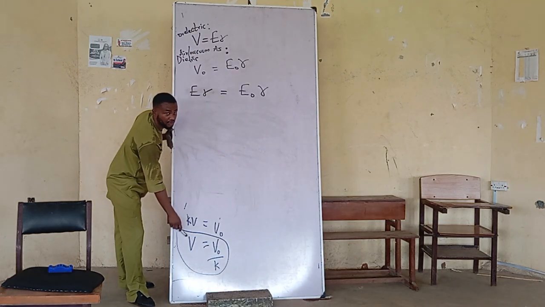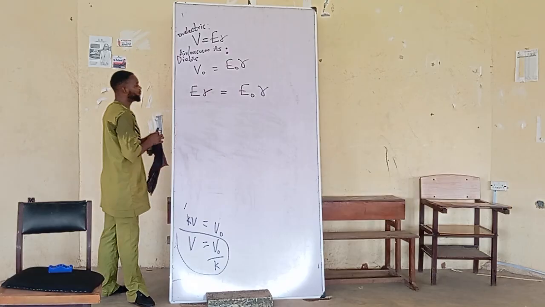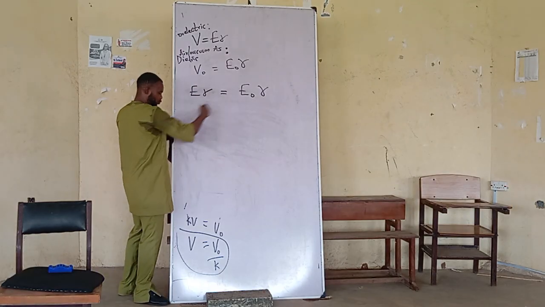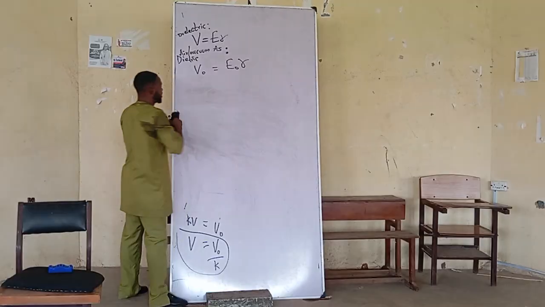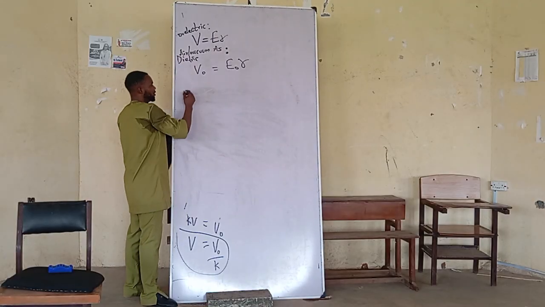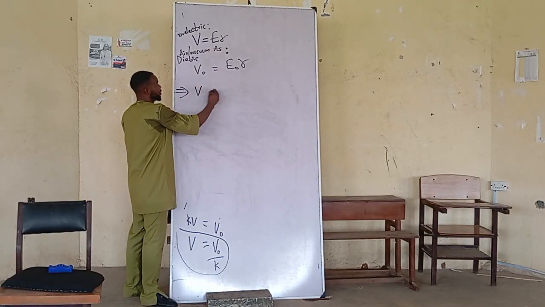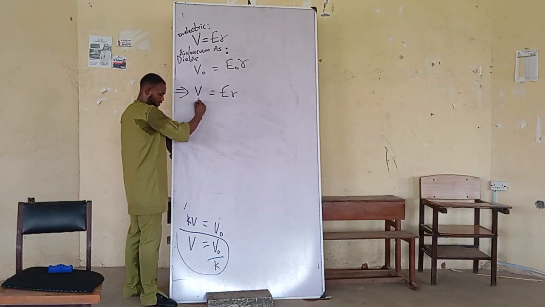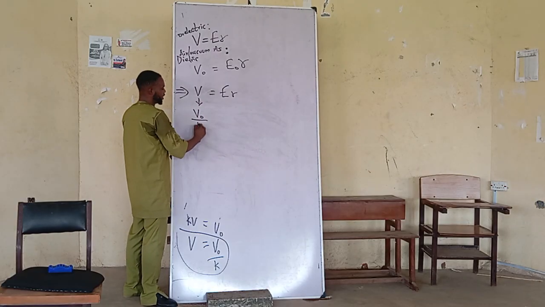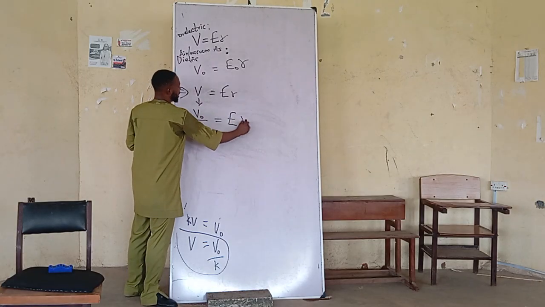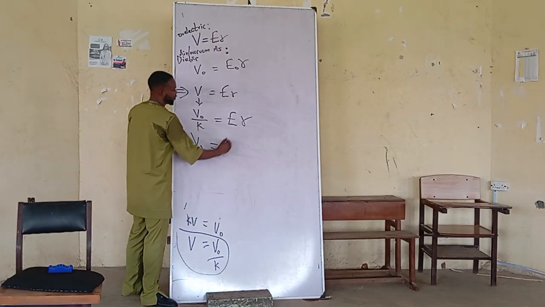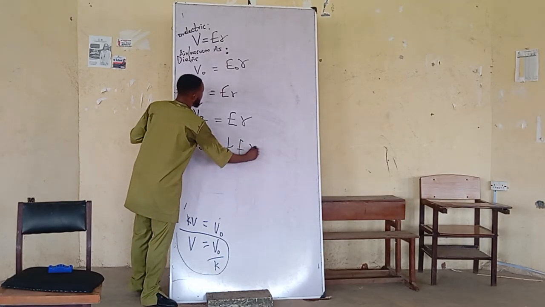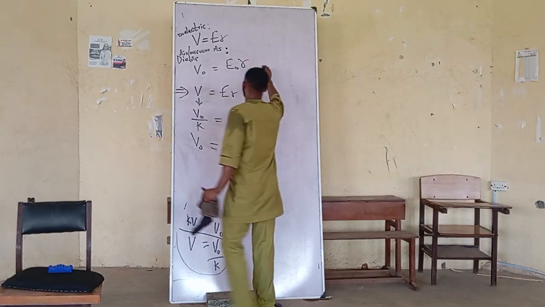So before I do that, I will say that V here equals ER. This V is equal to V naught over K, which equals ER. So if you make V naught the subject, I have V naught equals K ER. So this is what I can have.